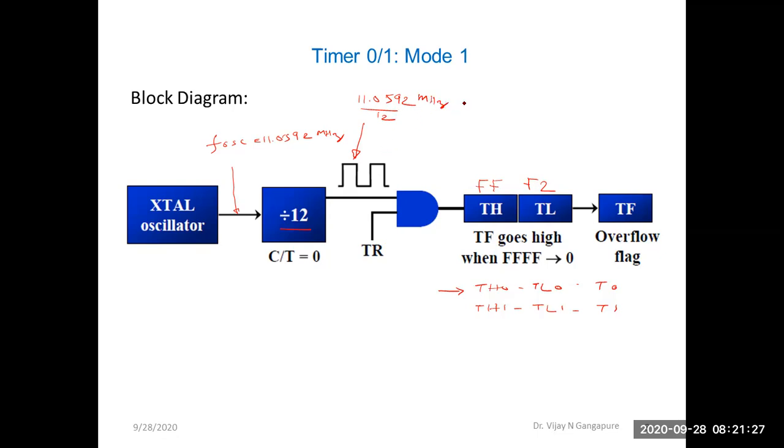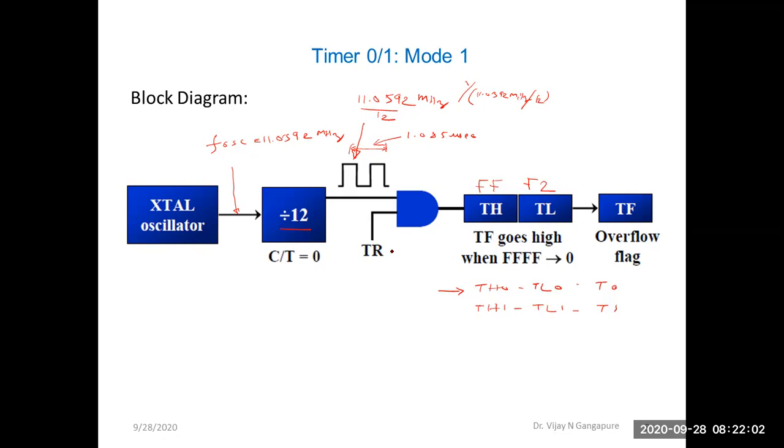If we calculate the time period of one pulse, it is 1 divided by (11.0592 megahertz divided by 12). If you calculate this, it will be 1.085 microseconds, which means in 1.085 microseconds I will get one pulse here.